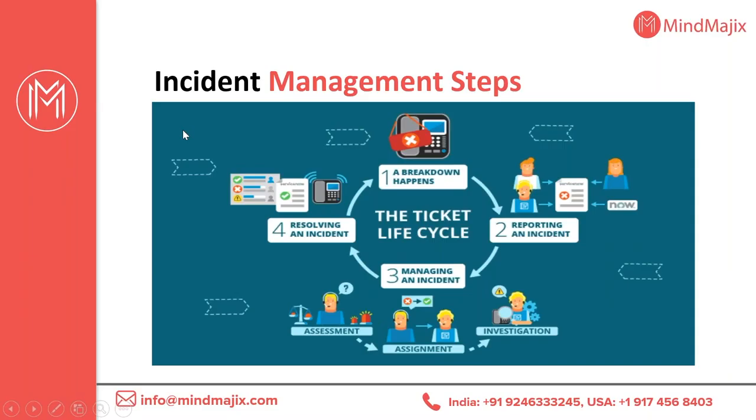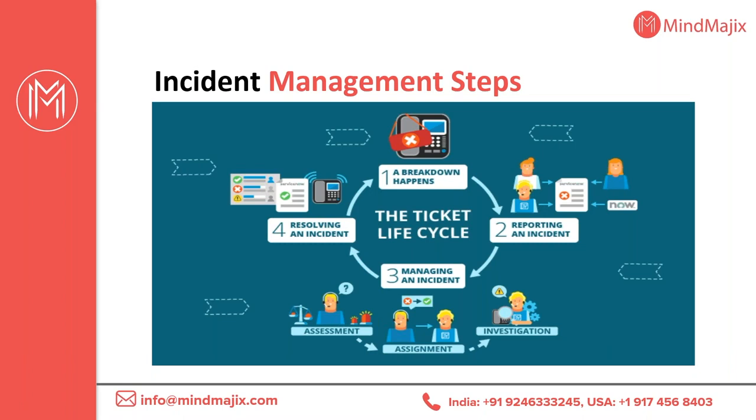Go to the next one. These are the basic steps, guys. This can be different for different organizations. The basic steps are the same, but how you assign and how you investigate differs from organization to organization. So when a breakdown happens, you have to report an incident, and then comes managing the incident, basically assessment. The assessment, as I said, can happen from a level one team.